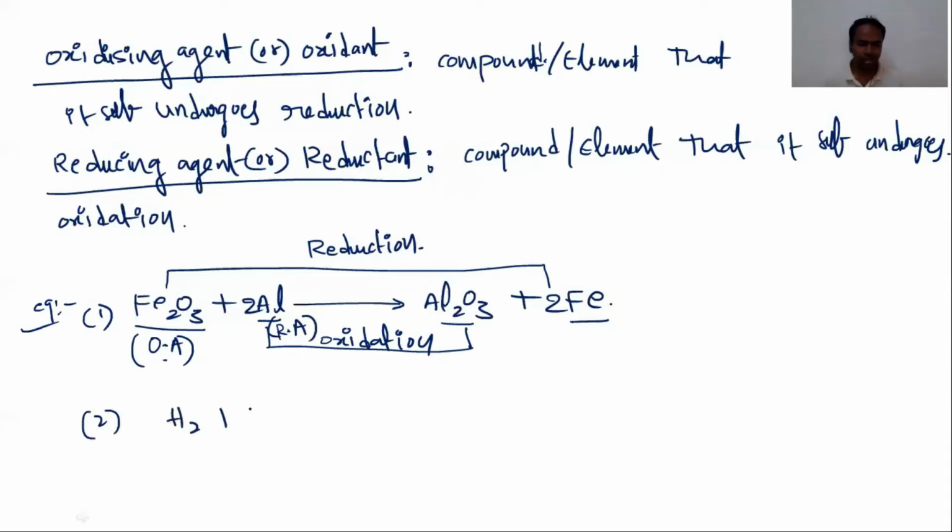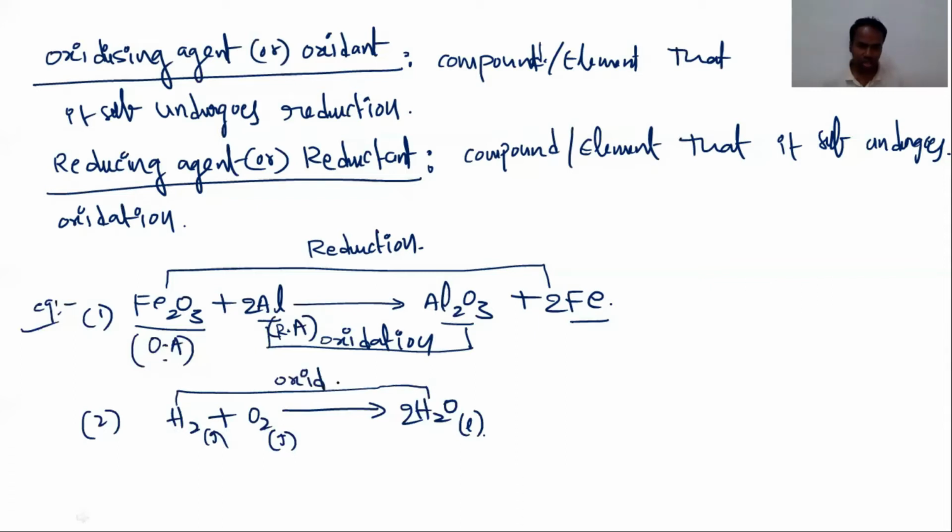Take one more example. H2 reacts with O2 to form H2O. This is a well-known reaction. Balance this equation to 2H2O. Compare H here and H there: addition of oxygen takes place, so this comes under oxidation.